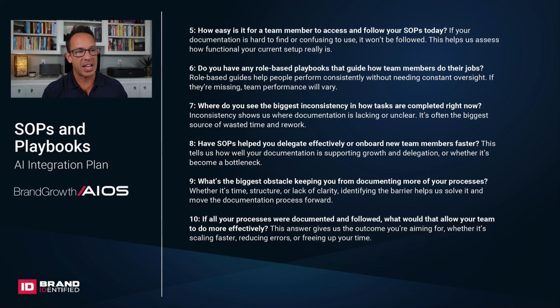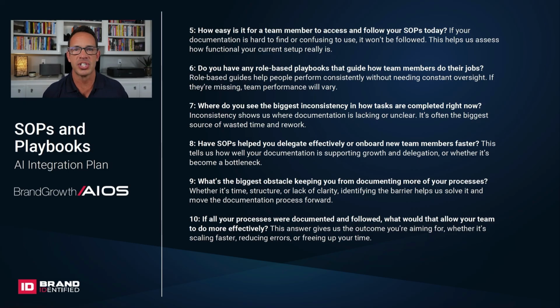Question number 8, have SOPs helped you delegate effectively or onboard new team members faster? This tells us how well your documentation is supporting growth and delegation, or whether it's becoming the bottleneck. Question number 9, what's the biggest obstacle keeping you from documenting more of your processes? Whether it's time, the structure, or lack of clarity, identifying the barrier helps us solve it and move the documentation process forward.